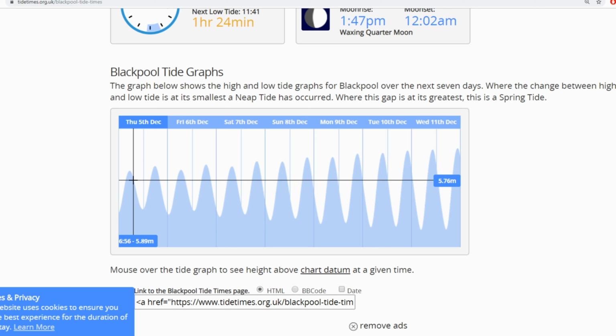Now that is higher than mean sea level, which means that we have to account for that by subtracting the additional height of the tide at that time from the focal height of Walney Lighthouse to be accurate. So we're looking at 1.3 meters or thereabouts, let's say 4 feet. So we're going to take 4 feet off the focal height of Walney Lighthouse. So we're looking roughly between 65 and 66 feet above actual sea level was the height of Walney Lighthouse when I was filming it this morning.